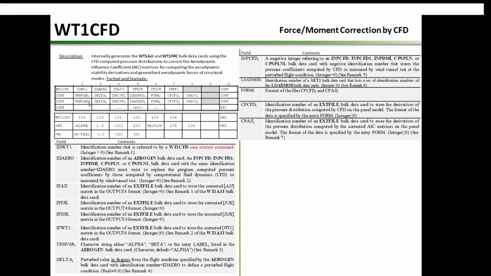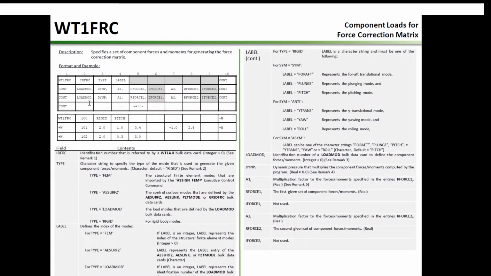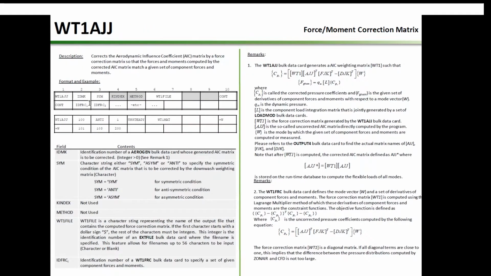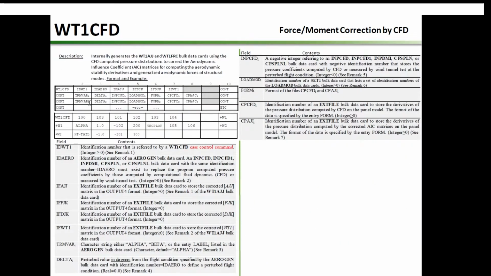However, we found that constructing the WT1 FRC matrix and the WT1 AJJ is very time consuming. Now, if you have a CFD computed CP on the rigid aircraft, we have a card called WT1 CFD.